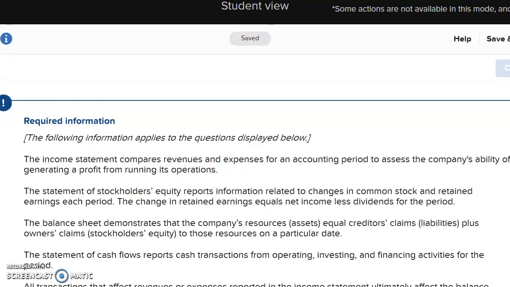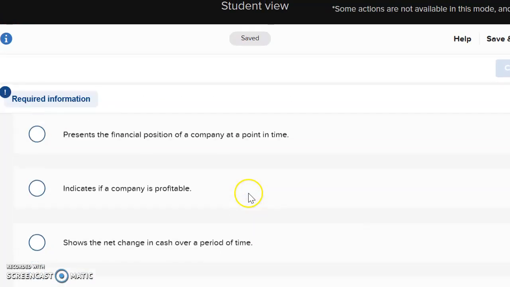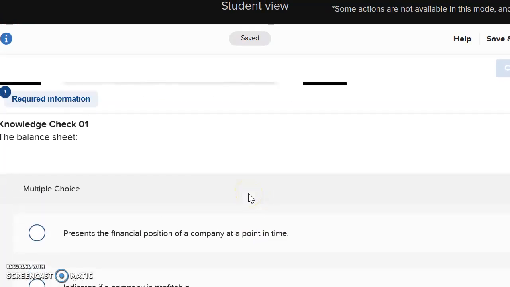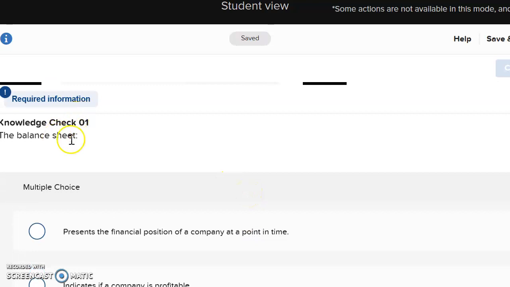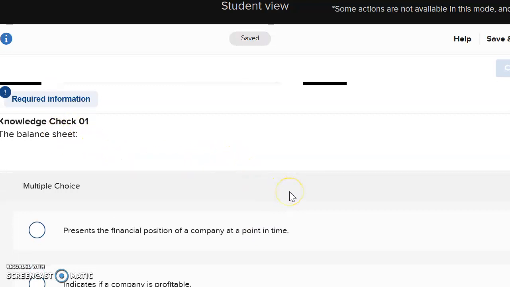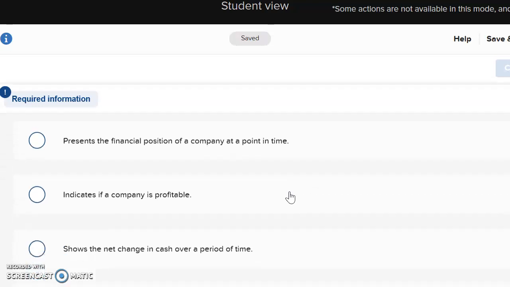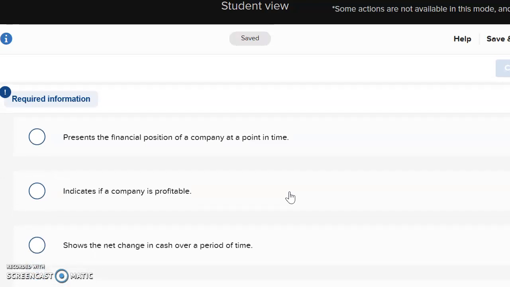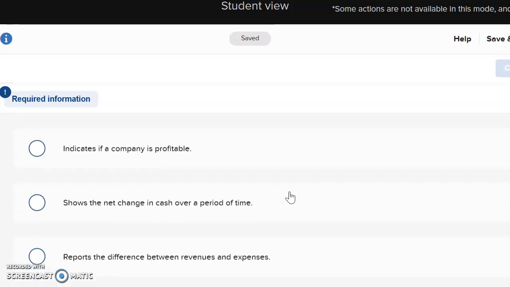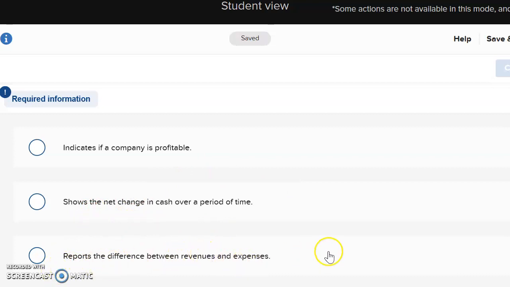This is the third one, same statement as before. The balance sheet, and then you just have to choose the right choice here. Presents the financial position of a company at a point in time, indicates if a company is profitable, shows the net change in cash over a period of time, or reports the difference between revenues and expenses.